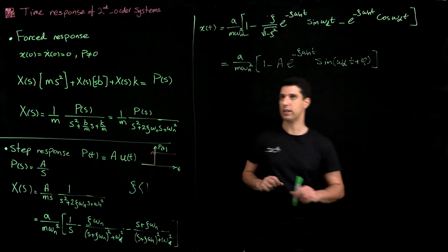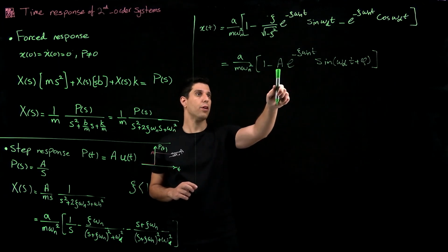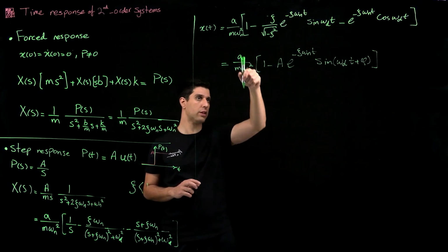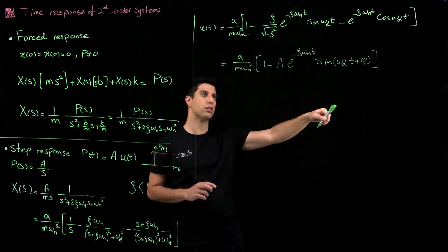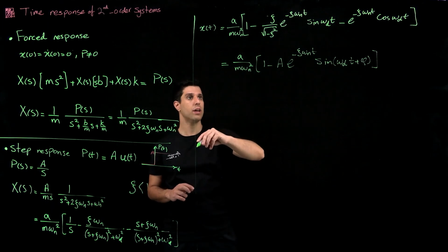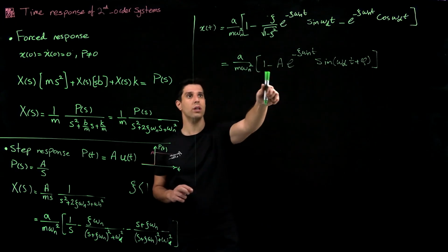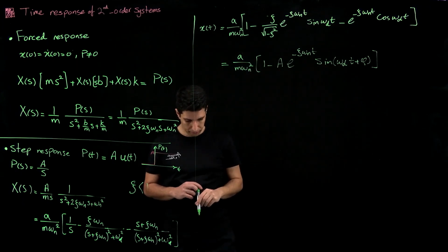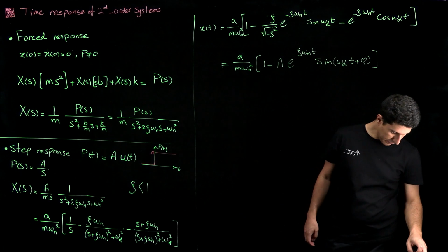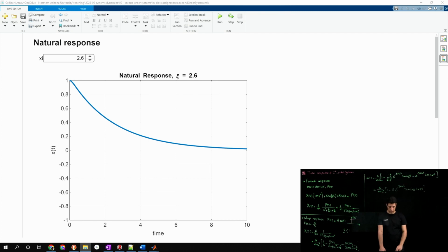So now let's look at this. I have a function, this one, that is essentially an exponential that oscillates and comes to 0. And if I have 1 minus that, it means I have some function that oscillates and eventually settles at 1 with some scaling factor. So if I want to show how it looks, this one is the natural response.